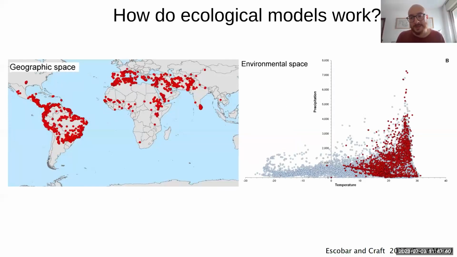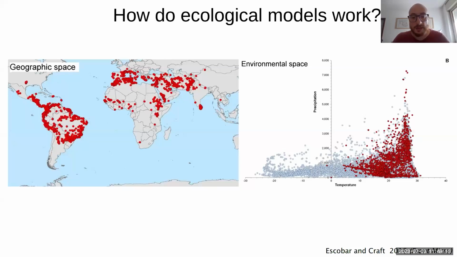Essentially, species occur in two different spaces: the geographic one and the environmental one. In the geographic space, the presence of a species is defined by its geographical coordinates, X and Y. In this example, we have a species that is mostly distributed in the Mediterranean and Middle East area, but also in the coastal areas of South America and Central America.